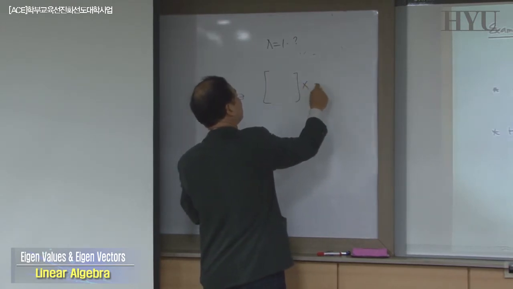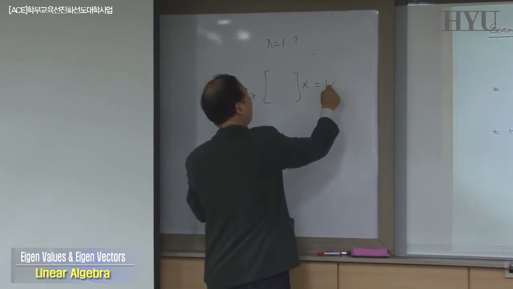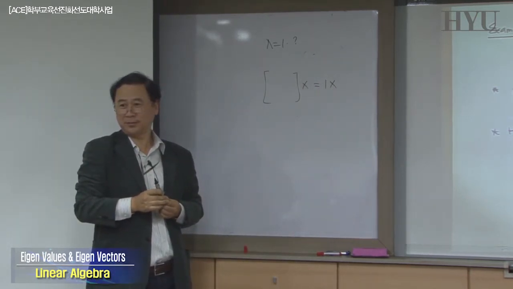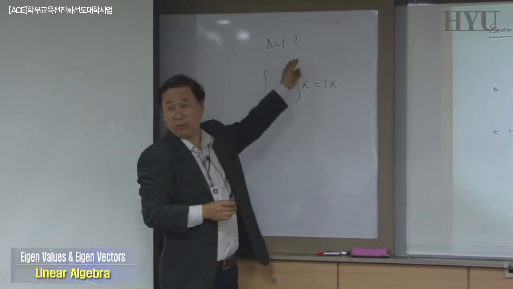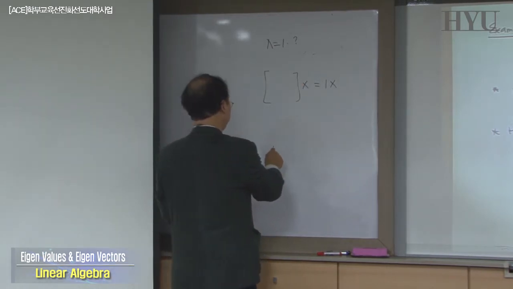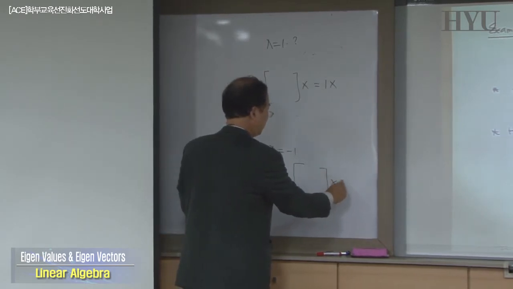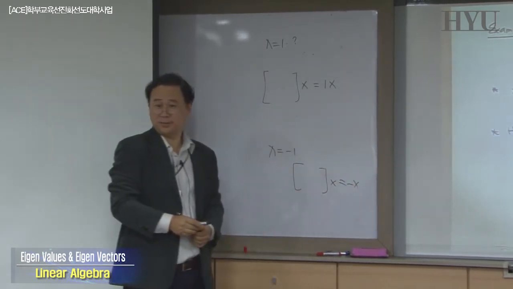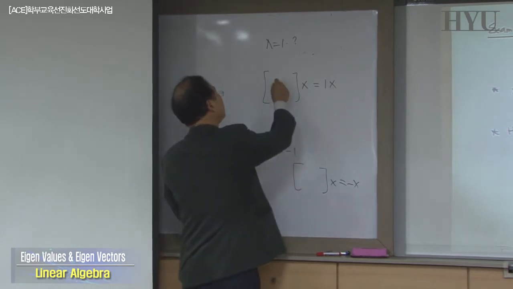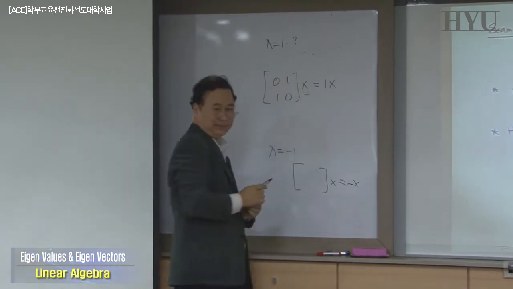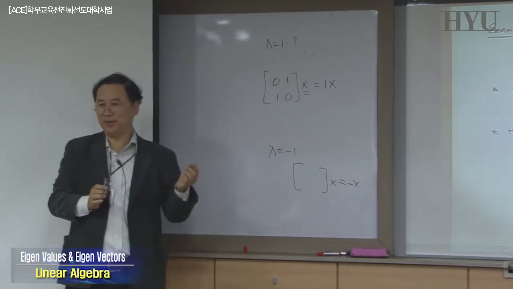Whatever x should be 1 times x, right? In the case of lambda minus 1, then Ax should be minus x, right? So here was [0 1; 1 0]. What's the x? Can you guess, just based on that?